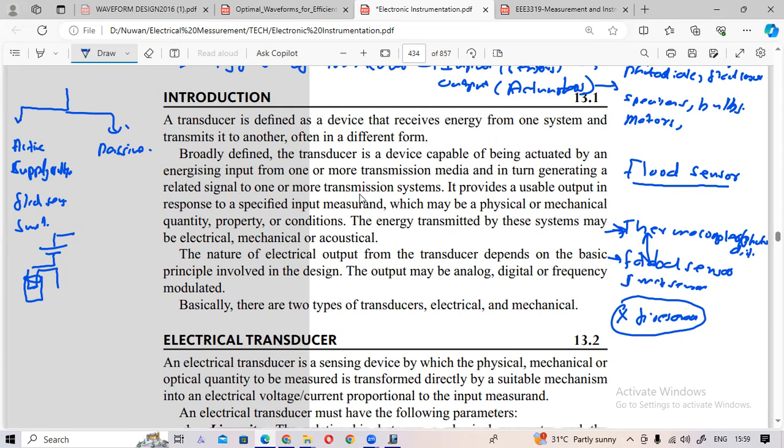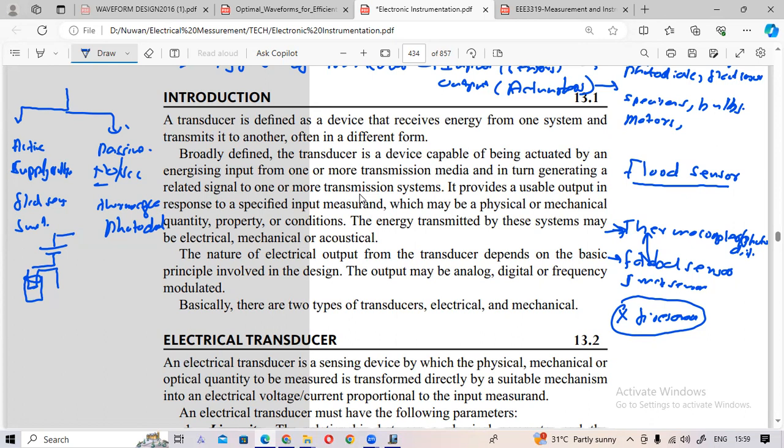For example, here no supply voltage, no VCC. So thermocouple, then photodiodes, those are passive sensors.